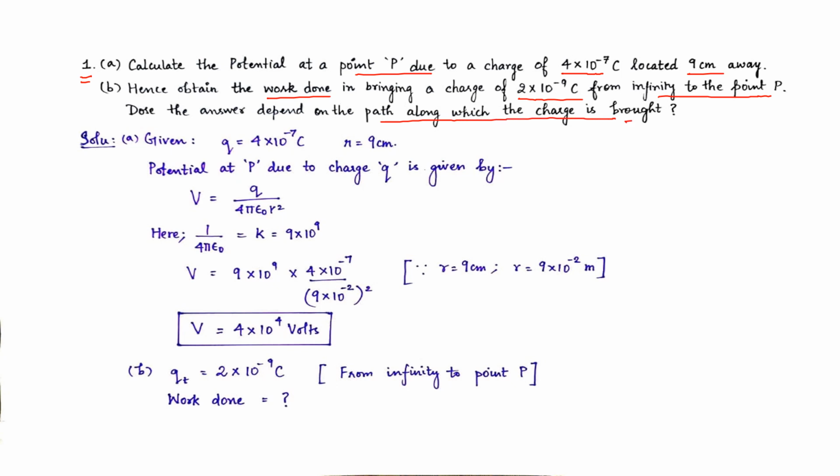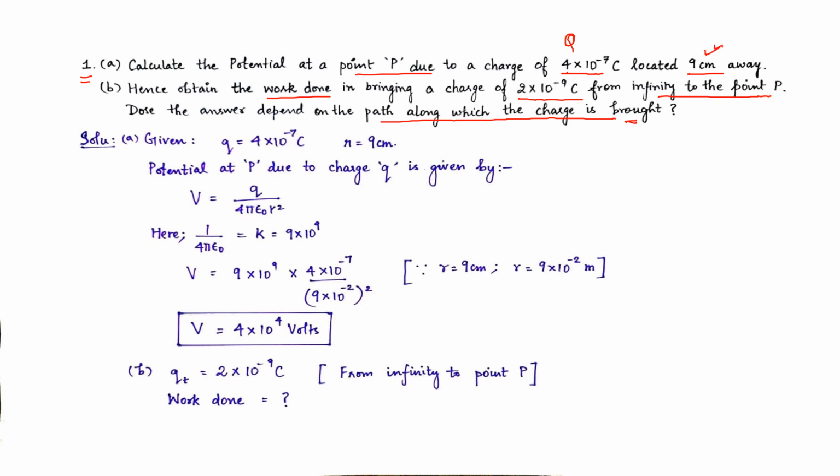the charge is brought? So in the first case, we are given a charge Q of 4 into 10 to the power minus 7 coulombs magnitude, and it is located 9 meter away.